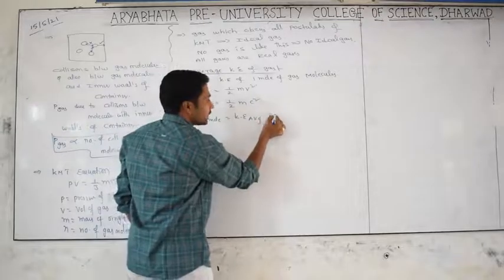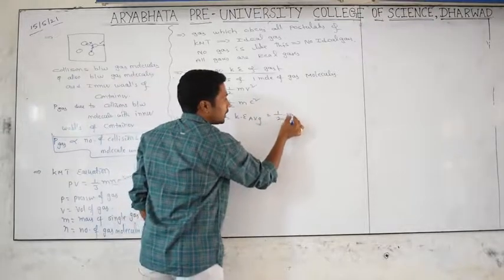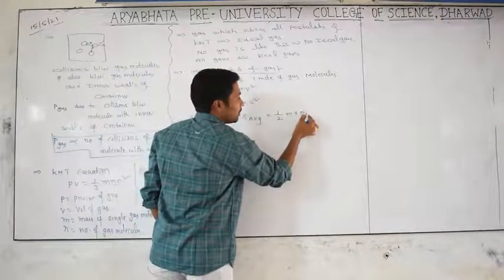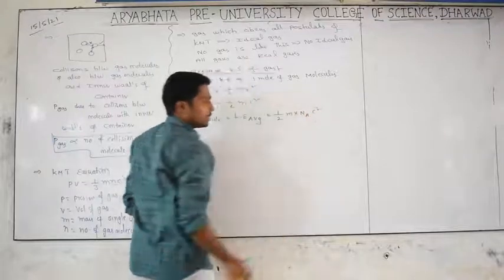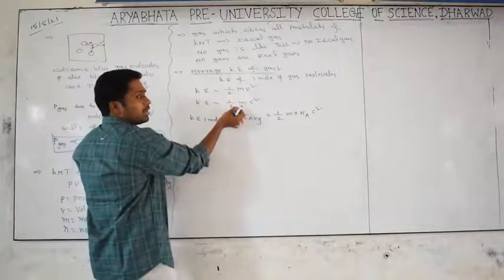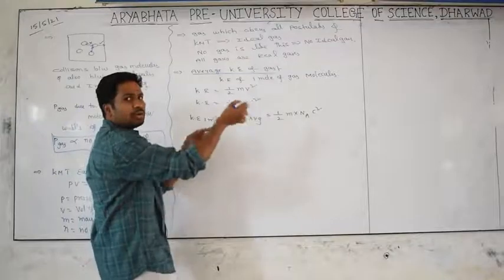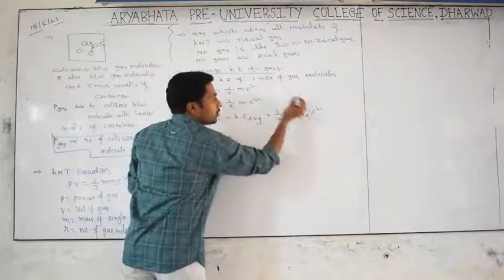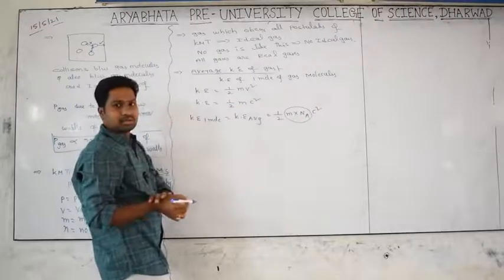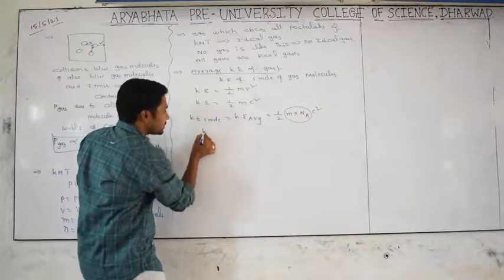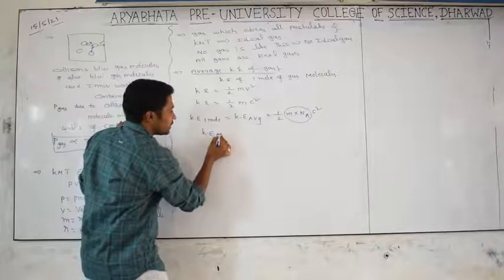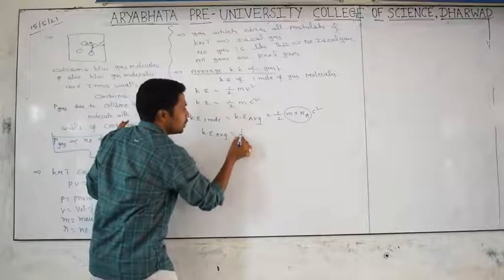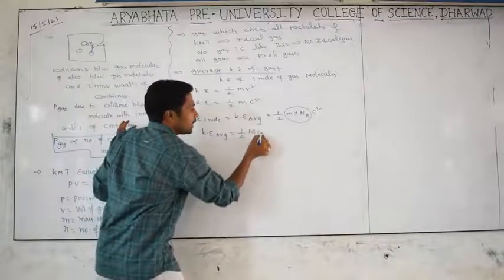So average kinetic energy means half into m into Avogadro number into c square. A single molecule's kinetic energy is this one, 1 mole means into Avogadro number. Avogadro number of the particles' mass is called the molecular mass. That's why average kinetic energy KE average is equal to half, I will write capital M here.